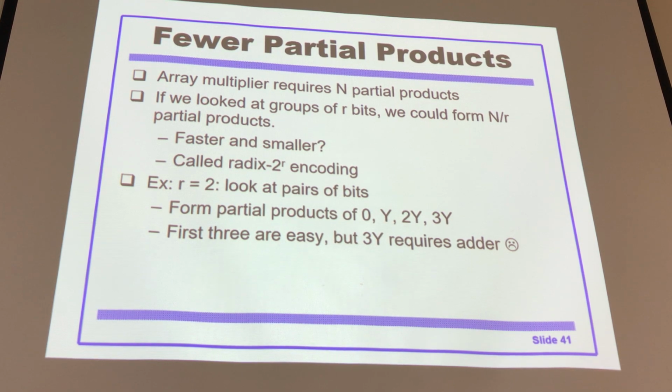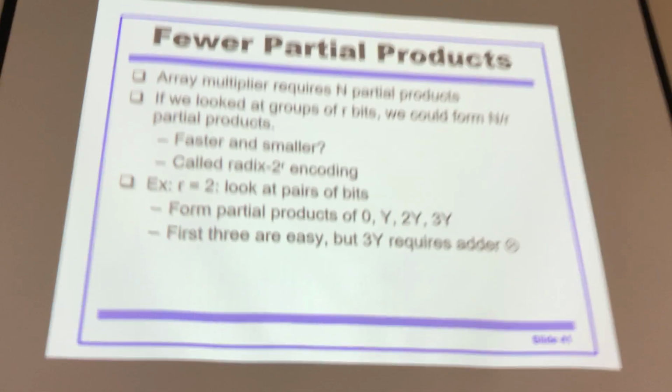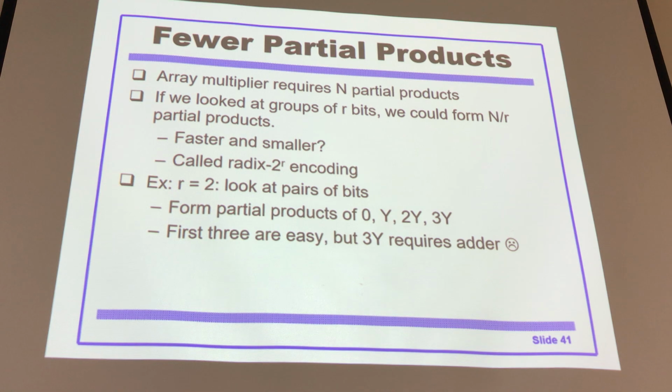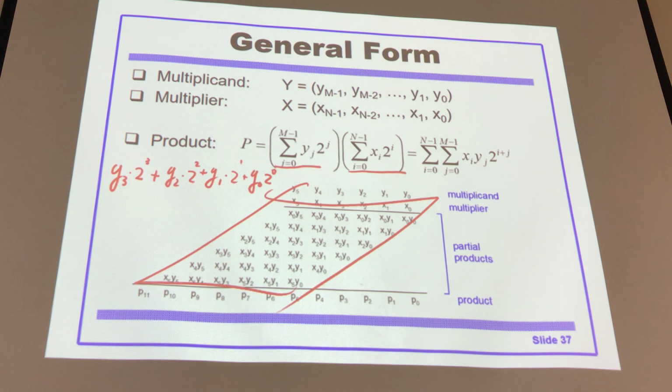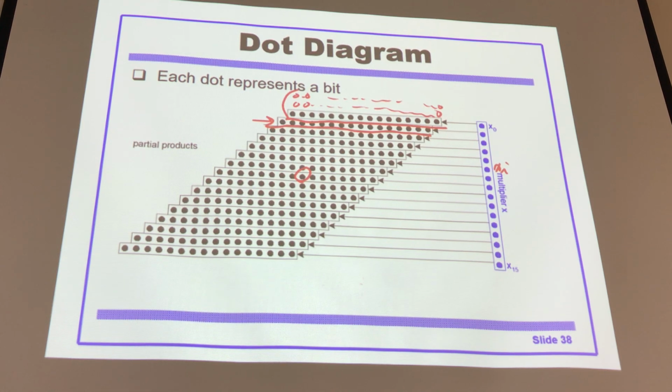Now, we want to improve it even more. What can we do? Is there any technique that can speed up the multiplication, the multiplier even more? If you look at the figure here, we're doing CSA, adding together from the top to the bottom, one partial product after another.